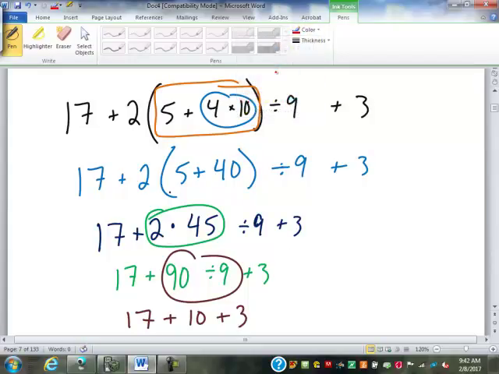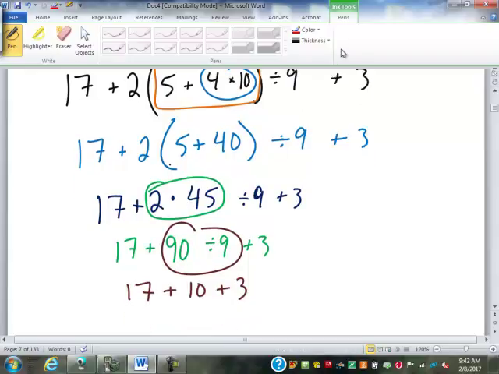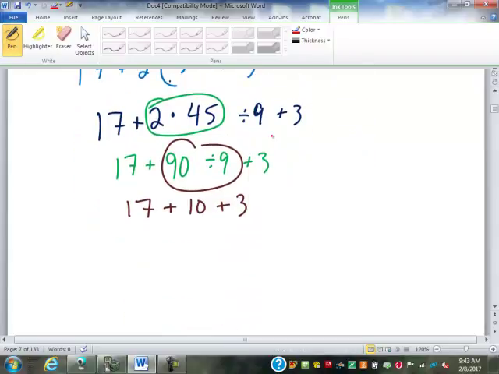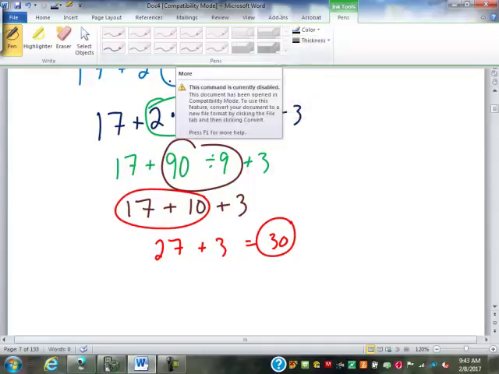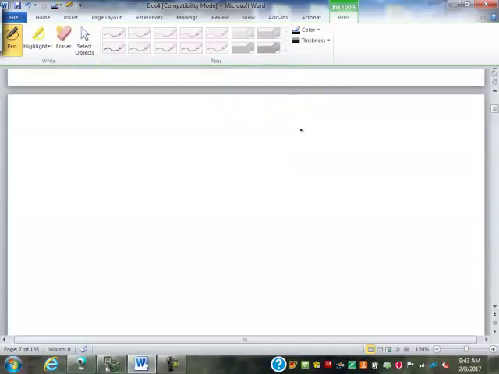Now this is actually a case where if we'd screwed up and did the division first, we'd still get the right answer, but it doesn't always work out that way. So 17 plus 10 is 27 plus 3, 30. Okay, any questions on that one? Okay.